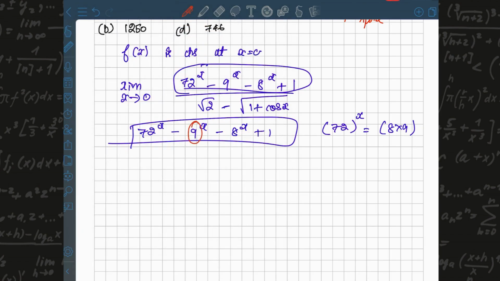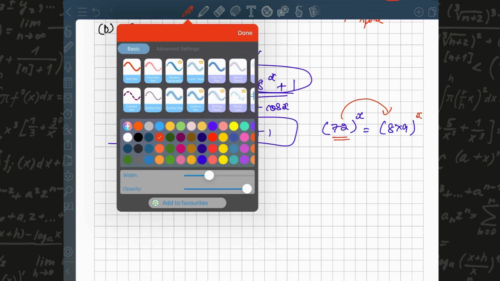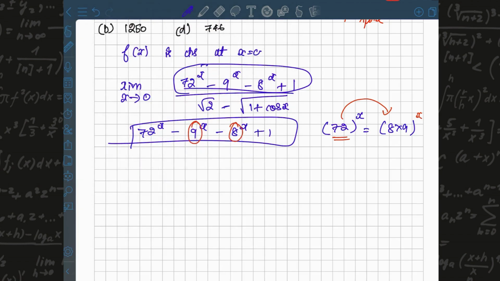Because 9 and 8 are here, and then we are going to simplify this. So I'm going to convert 72 into 8 into 9, so 72^x equals 8^x into 9^x. So 8^x into 9^x minus 9^x minus 8^x plus 1.